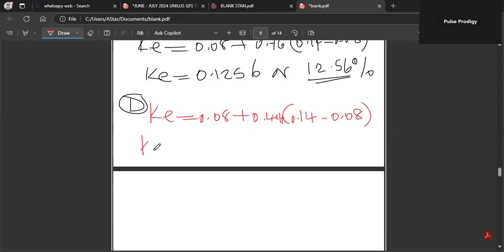So our KE is going to give us 0.14 minus 0.08, times 0.44, then plus 0.08. It is giving us 0.1064 or 10.64%. Are we together? Is that okay with you?